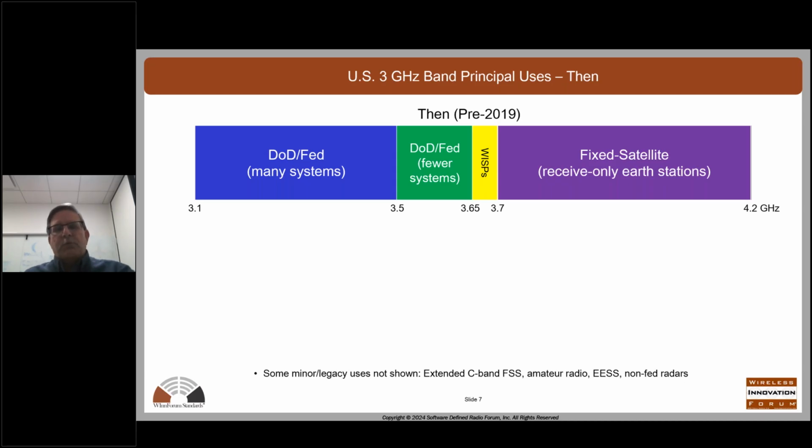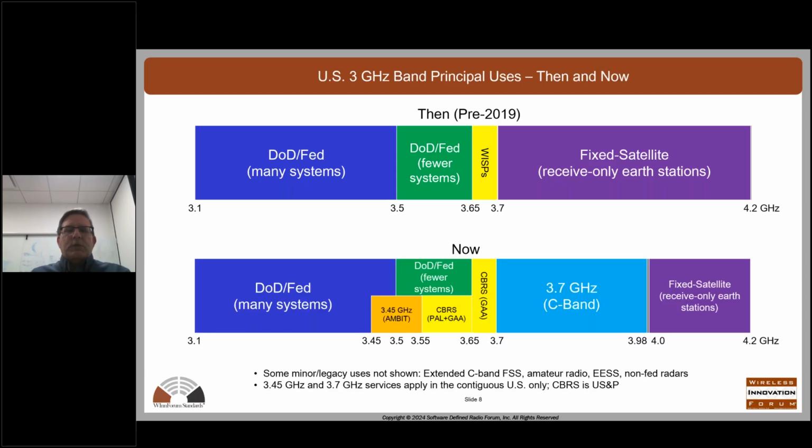So this is what was happening prior to 2019, but towards the end of 2019, and after that period, there was a transition in the 3 gigahertz band in which we were able to use it more intensively for mobile broadband systems. So Lee, if you flip to the next chart, you'll see what the band is now. And again, this started evolving after 2019.